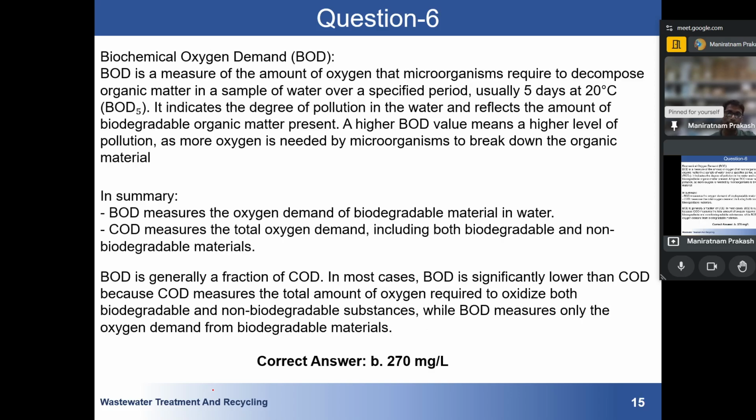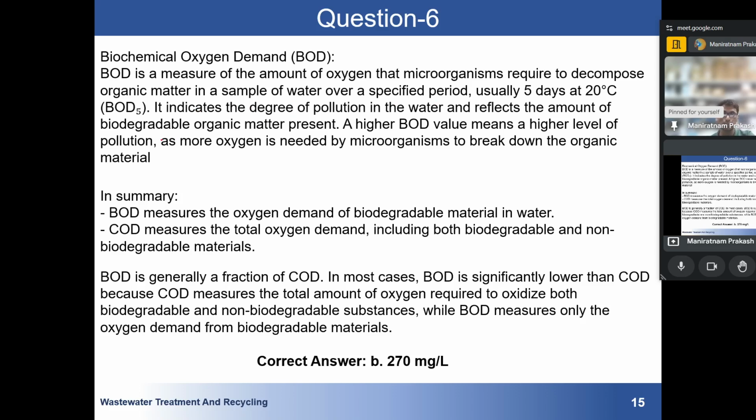On the other hand, BOD is the measure of the amount of oxygen. Remember the full form of BOD: biochemical oxygen demand. BOD is the measure of the amount of oxygen that microorganisms require to decompose organic matter in a sample of water over a specified period, usually 5 days at 20 degrees Celsius.